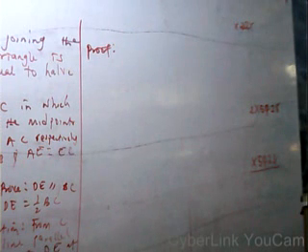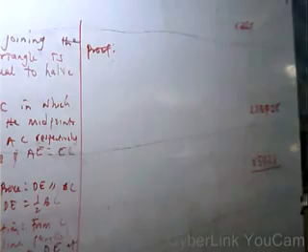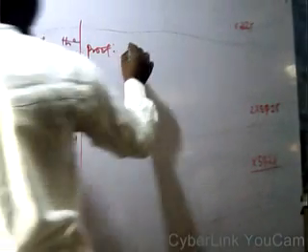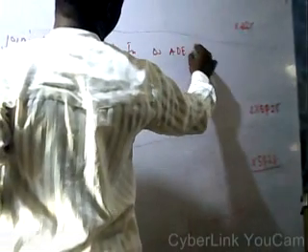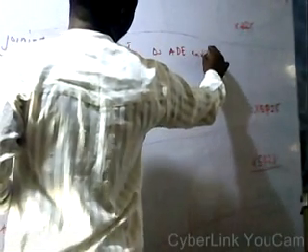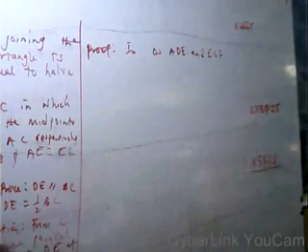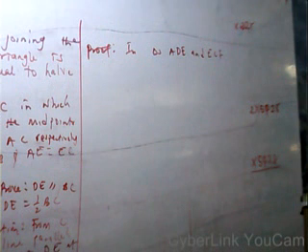So to prove is that in triangles ADE and ECF, our AE is equal to EC.